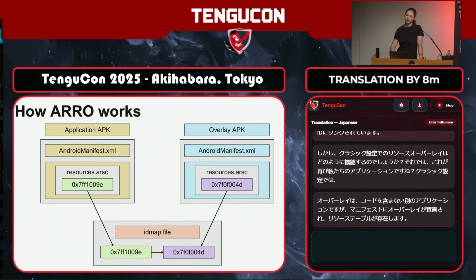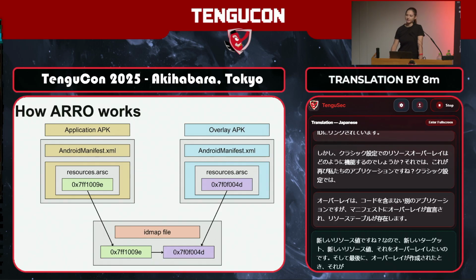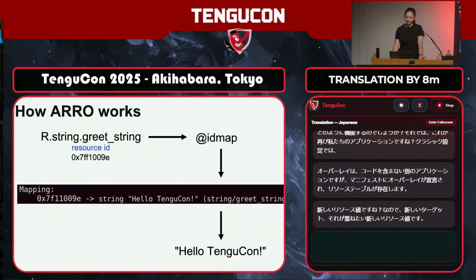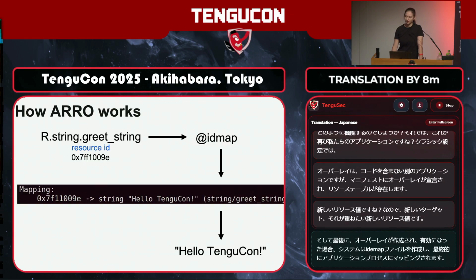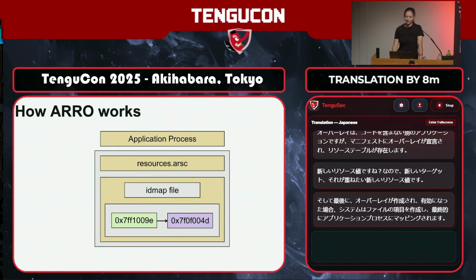Finally, when the overlay is created and enabled, the system creates an IDMAP file, and it gets mapped to the application process. So the system accesses the IDMAP file, and our resource is linked to the new value behind the scenes.